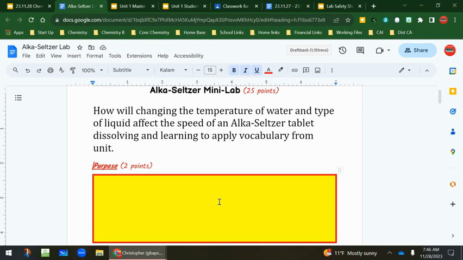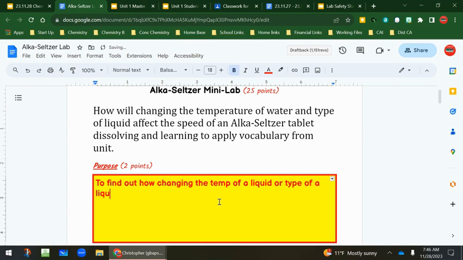So we're going to turn that into a purpose. Our purpose is, you get to see my wonderful typing skills, to find out how, and you need to start copying this in, changing the temp of a liquid or type of a liquid determines how fast a reaction will occur.